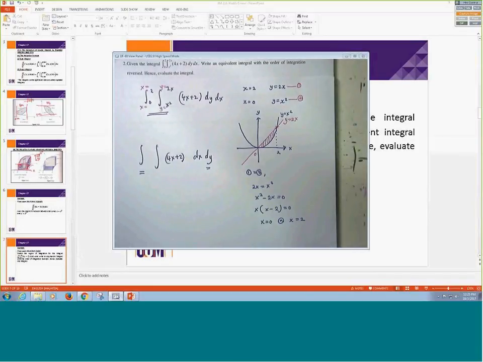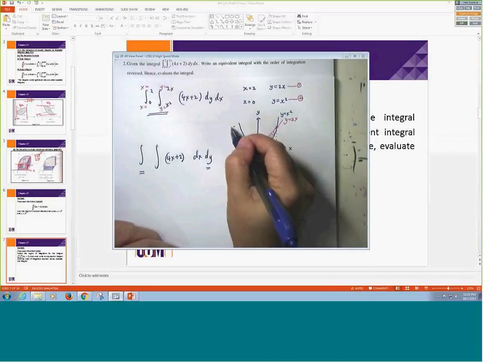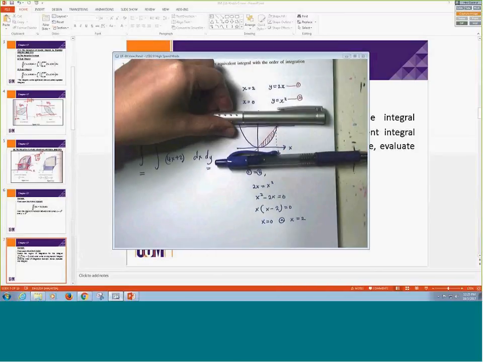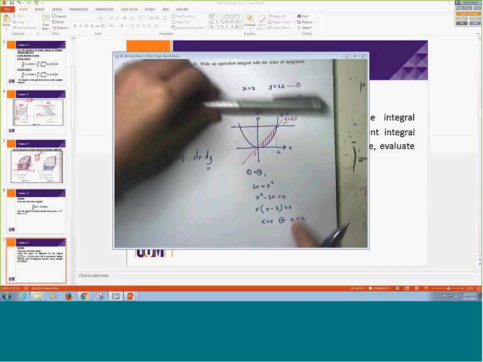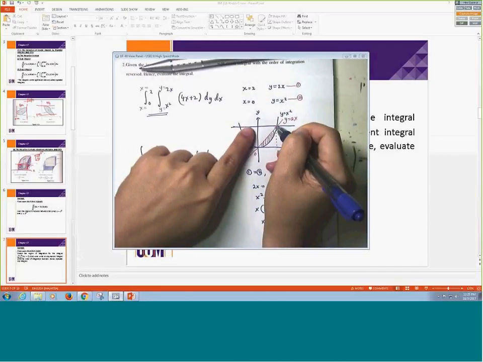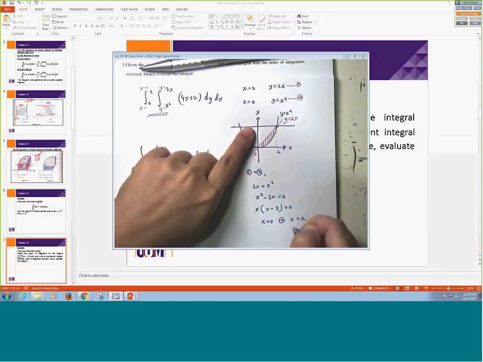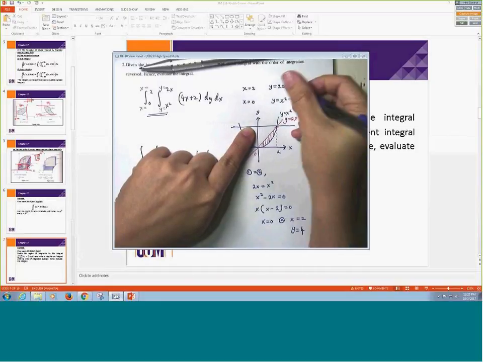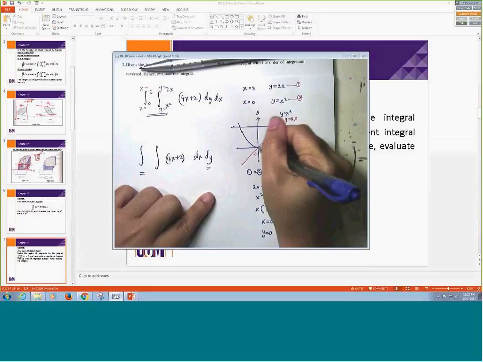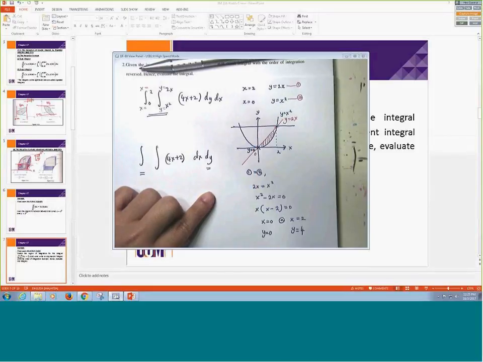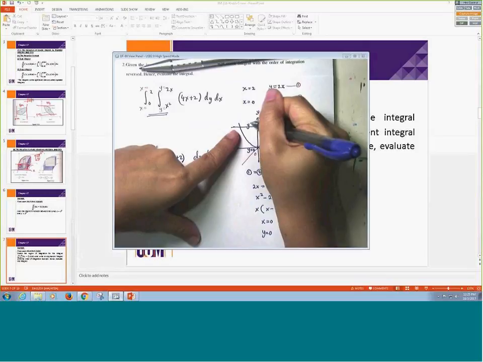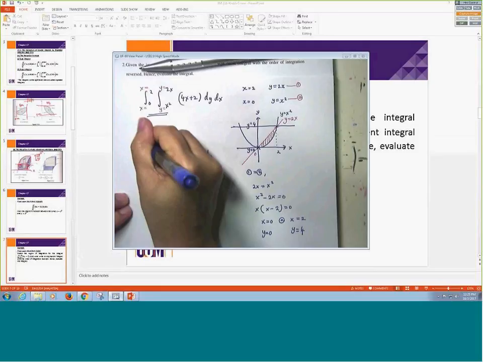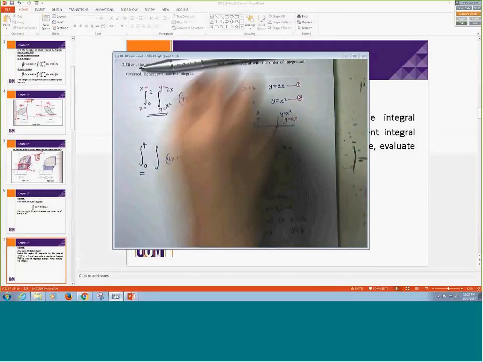So what is the range of y here? We only have values of x, so just simply find the value of y. When x equals 2, y equals 4. When x equals 0, y equals 0. So y goes from 0 to 4.